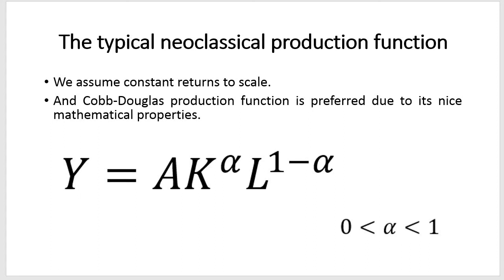Alpha, the upper coefficient, stands for the degree of production function's capital intensity. So basically, very informally, it tells you what is the relative contribution of capital to the production. For instance, the production function describing the process of manufactured goods production is going to be characterized by the higher value of alpha.